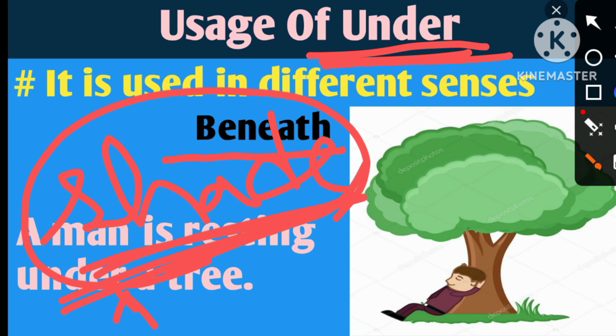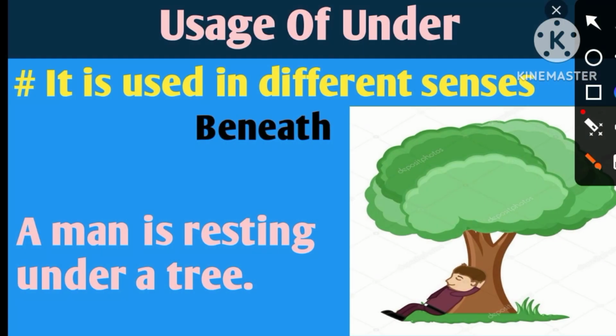So we should avoid it. Be careful whenever you are using this term. My dear friends, I think the usage of under in the sense of beneath or below is clear to you. Now move on to the next slide.